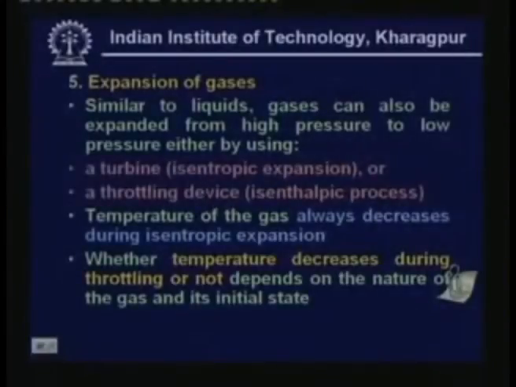The amount of reduction may not be significant, but temperature always reduces when you are throttling a liquid. But when you throttle a gas, whether the temperature decreases or not depends upon the nature of the gas and also upon the initial state of the gas. So you cannot say offhand that throttling of a gas always reduces the temperature. Now let us look at this in some detail.